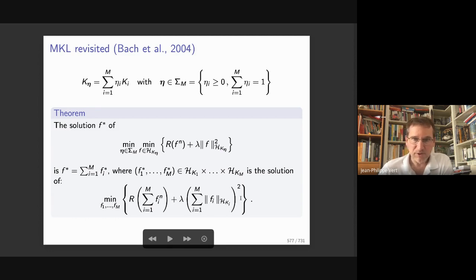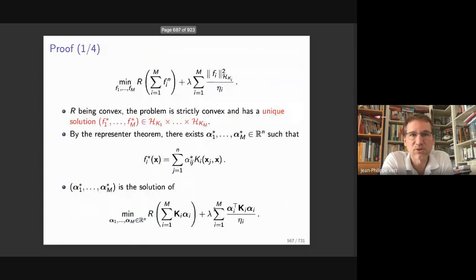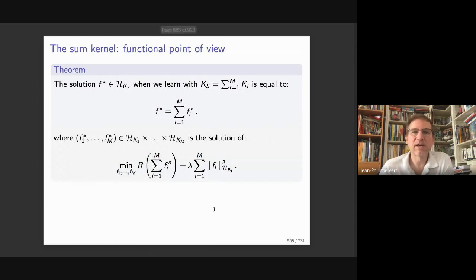But here there is a small difference, which is super important, between the regularization we get for MKL and the regularization we had before, is that for MKL, the regularization is the square of the sum of the norm of Fi. So I think it's worth comparing that, and we will do it a bit later, but to what we had before. I'll come back a few slides earlier. When we had the sum kernels, we said that if you train just with the sum kernel, then basically you learn a sum function which minimizes the risk of the sum function, and a penalty, which is the sum of the squared norm of Fi.